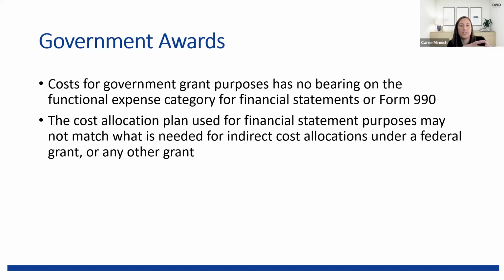So your cost allocation plan used for your financial statements and your 990 is probably not going to match how you're allocating expenses for government awards. So if you do get government grants or other types of larger grants that require certain things, what expenses the grant pays for is going to be different than how you're allocating expenses for financial statement and 990 purposes.